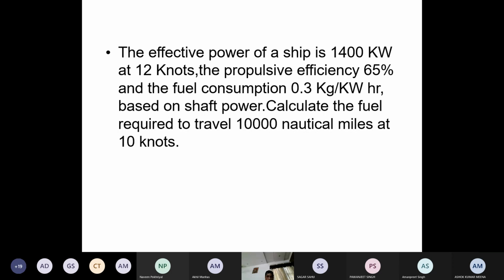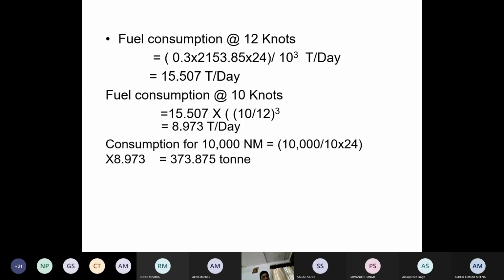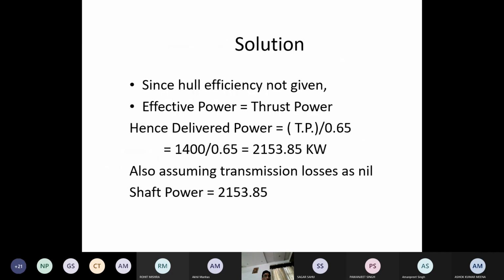Sir, 645. 645 is what? Fuel, you must say always with units. 645 tons. No, 374 you can say, 373.8 or 375.